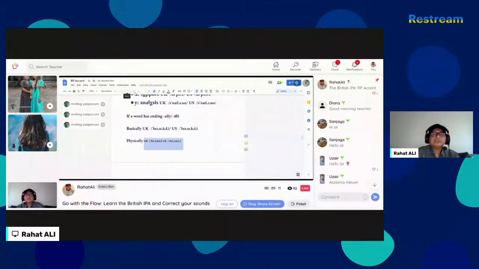Let me change it to this one. You can see that PH is an F sound, and this S is like a Z sound. Then A is the short sound. Physically. Basically.